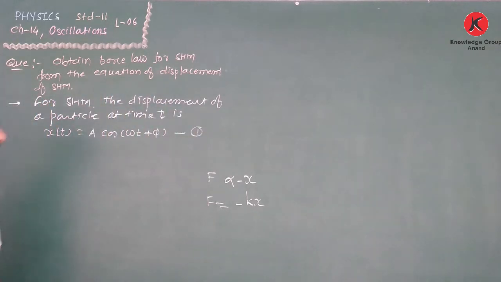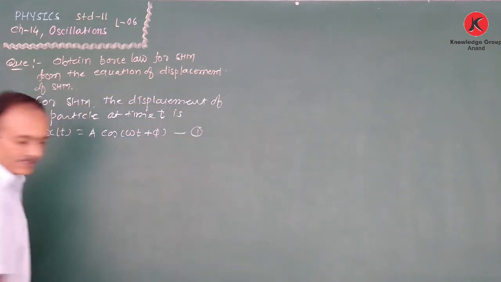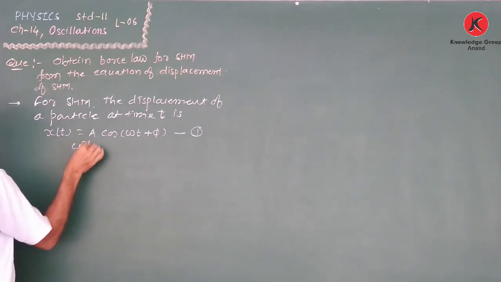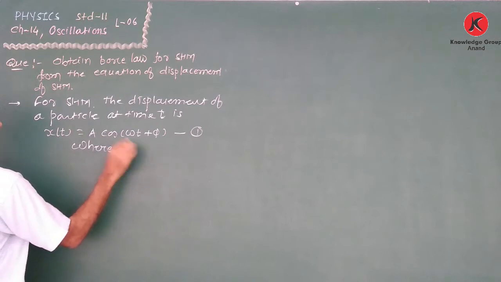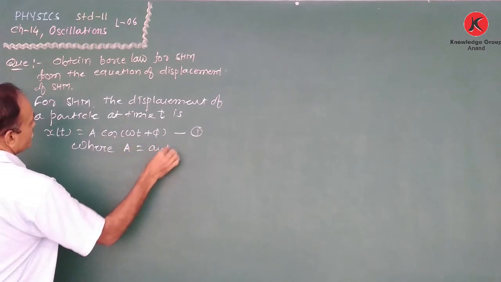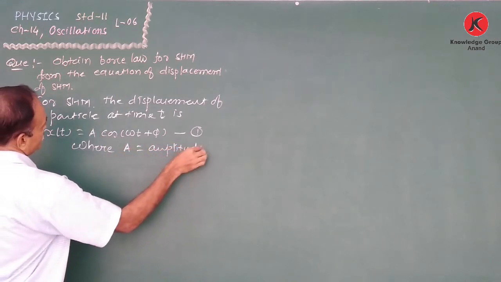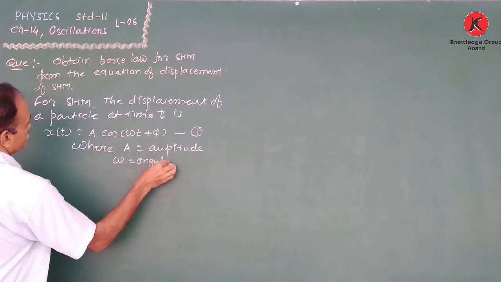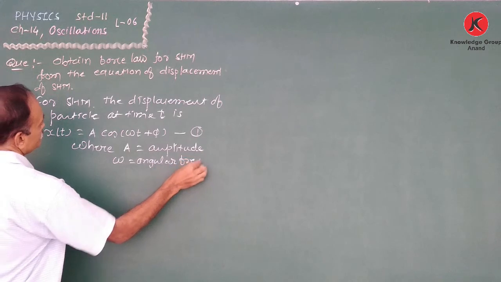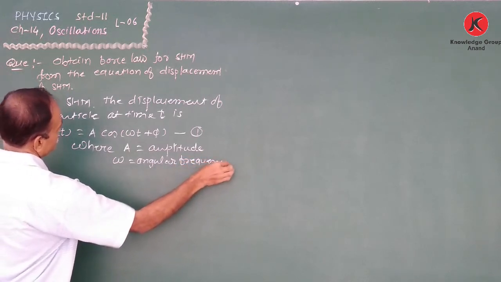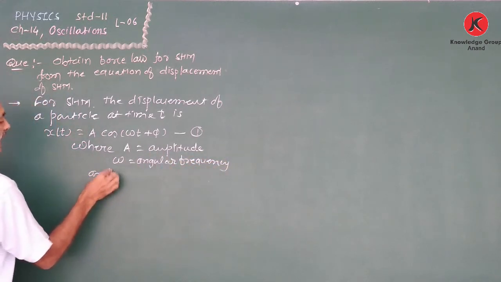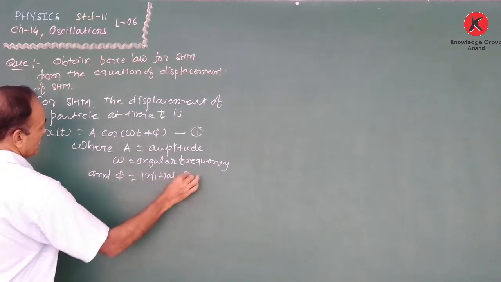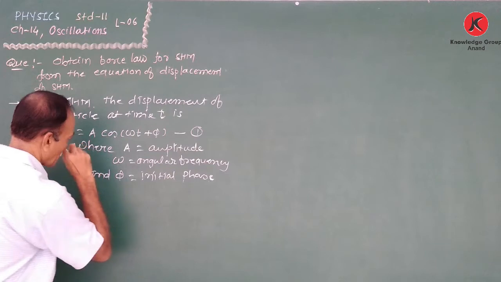Here A is the amplitude, omega is the angular frequency, and phi is the initial phase of oscillation.